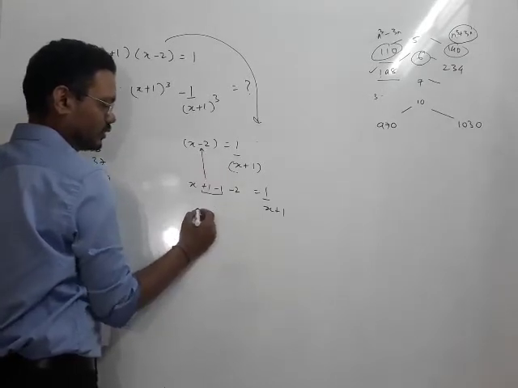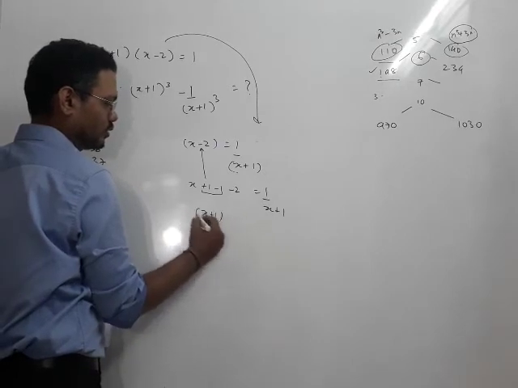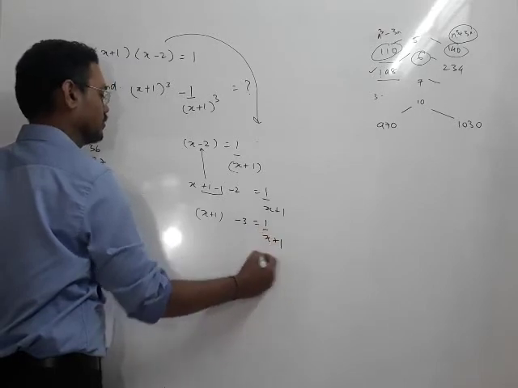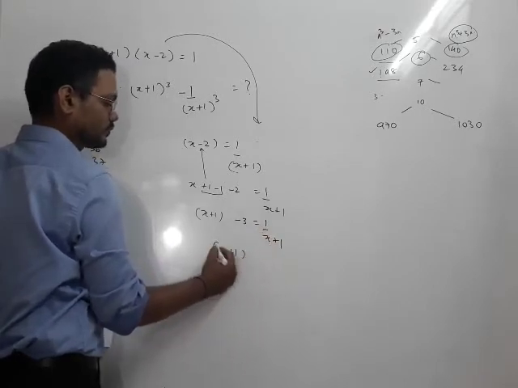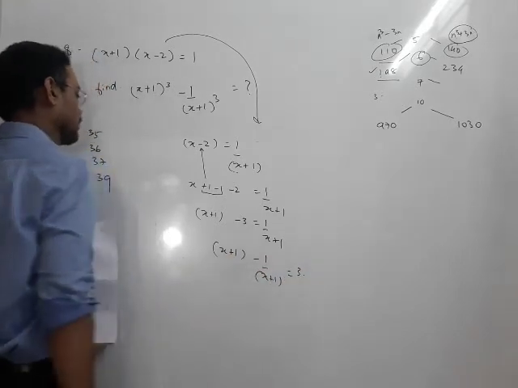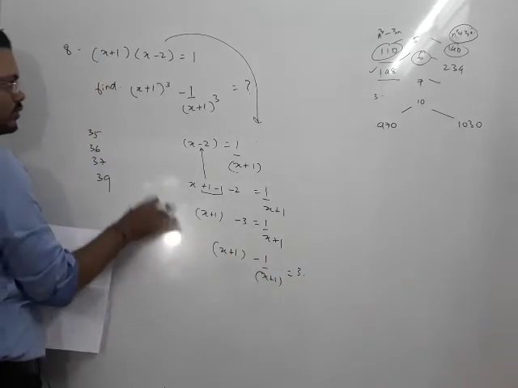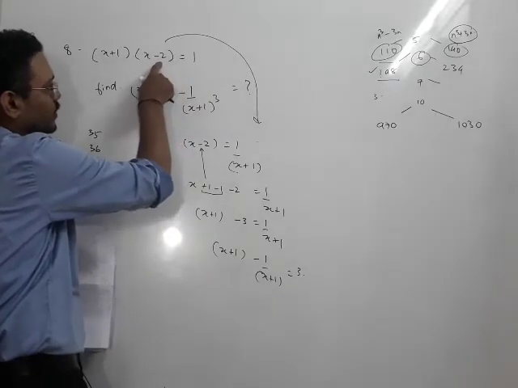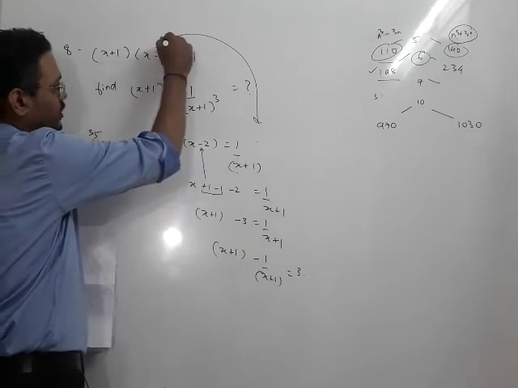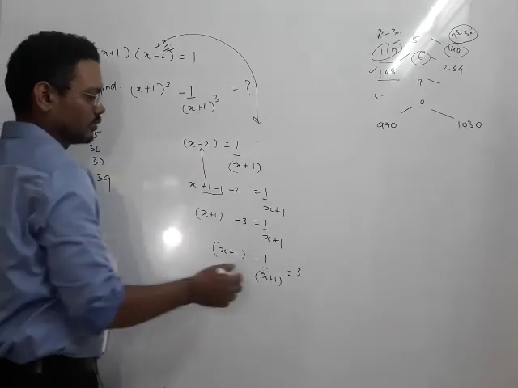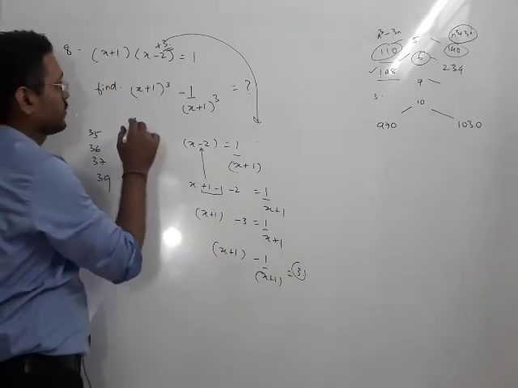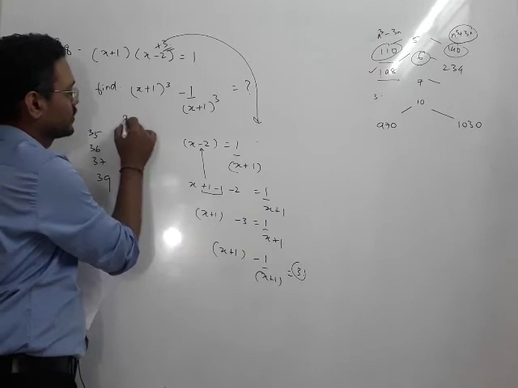So this is nothing else but x plus 1 minus 3 is 1 upon x plus 1, which is x plus 1 minus 1 upon x plus 1 is 3. This I can do verbally also. When x plus 1 goes here, what do I add so that it becomes 1? It gives me plus 1, so I will have to add plus 3. This is just for your knowledge. Now we have found that x plus 1 by x is 3.